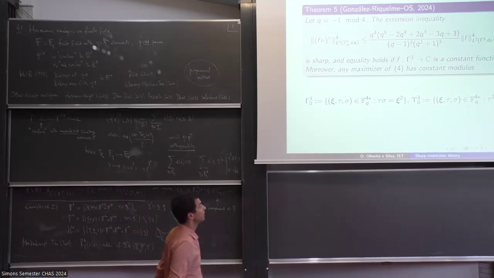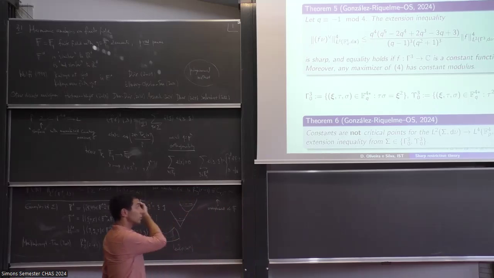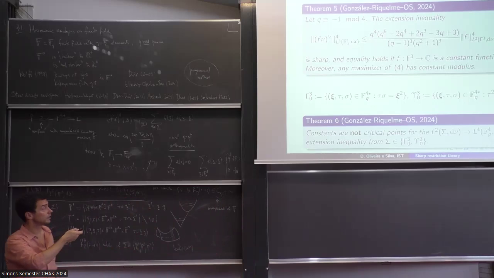If both of them contain the origin, then our last result shows that constants are not even critical points for the L2 to L4 extension inequality on these full cones. So cones with the origin are radically different from cones without the origin, because constants have a chance to maximize one but not the other. And this is a new phenomenon. It's very different from what happens in the Euclidean setting.